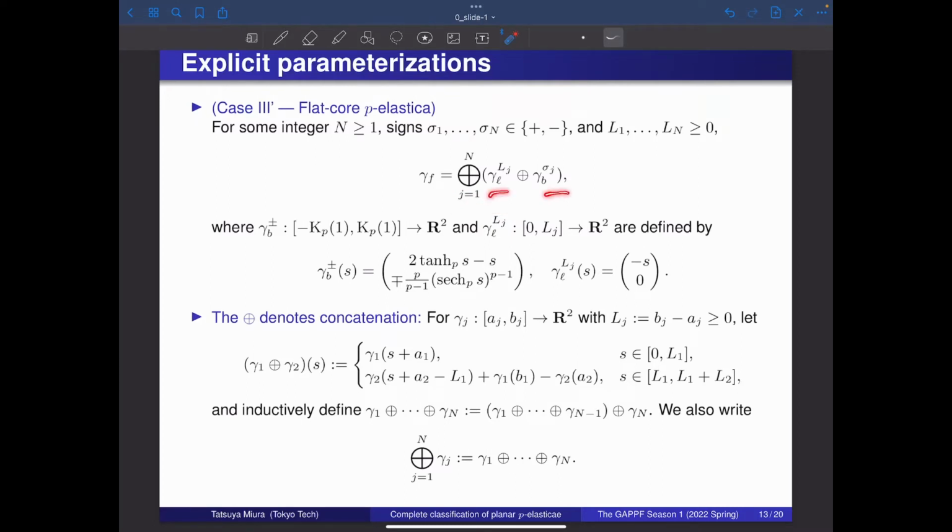Those curves are respectively given by a segment and some non-trivial shape, which is actually a loop with finite distance between the endpoints.